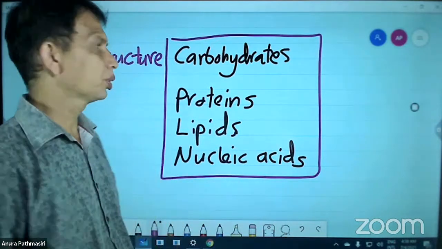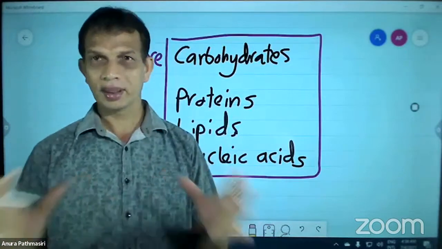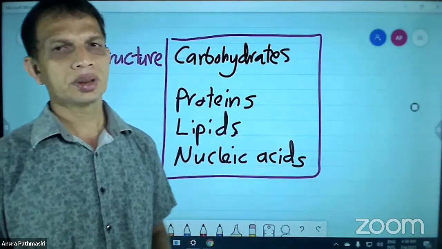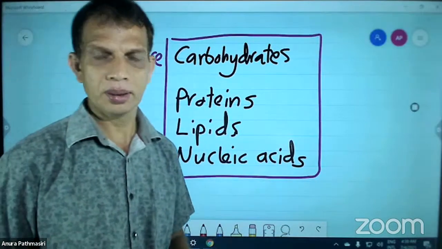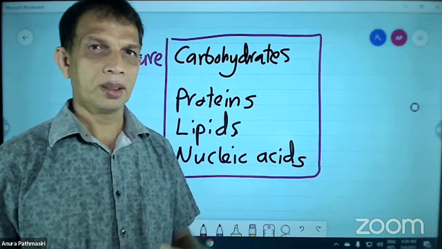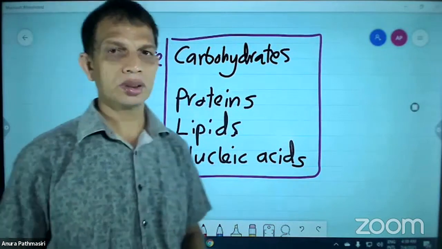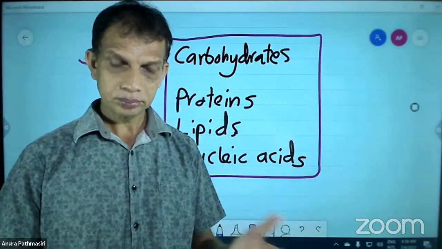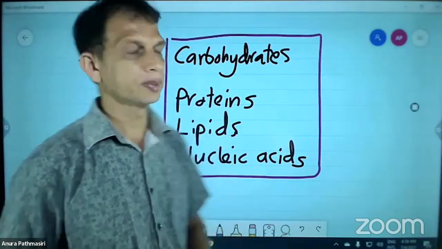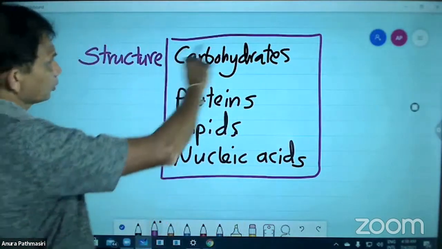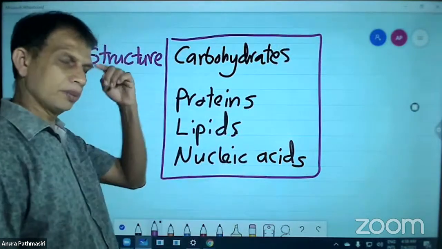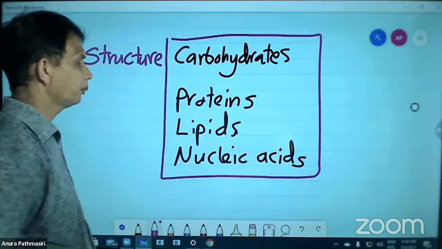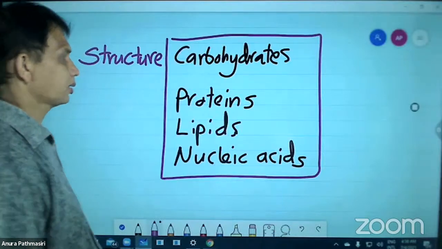I'm just supporting you in order to summarize this. This is not the classroom for you to learn the whole theory about the first unit, the chemical basis of life. But I'm just giving you the summary before you go to your exam. So you want to know the structure of carbohydrate, protein, lipids, and nucleic acid.